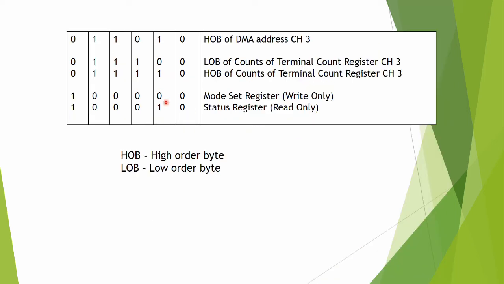For the mode set register, if A0 is 1 and all remaining are 0, then the mode set register is selected, which is write only. For the status register, if A0 is 1 and the internal flip-flop is 1, then the status register, which is read only, can be accessed.